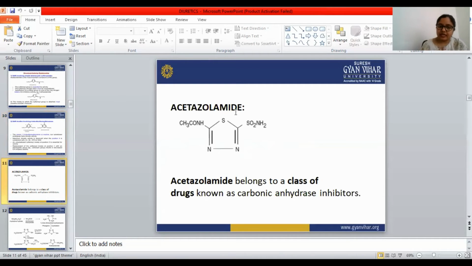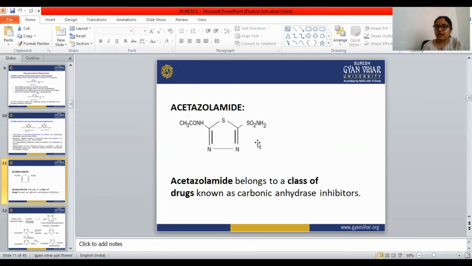So our first drug is acetazolamide. The acetazolamide structure is this: the sulfonyl group is here, and SO2NH2 here, and this NHCOCH3 here.